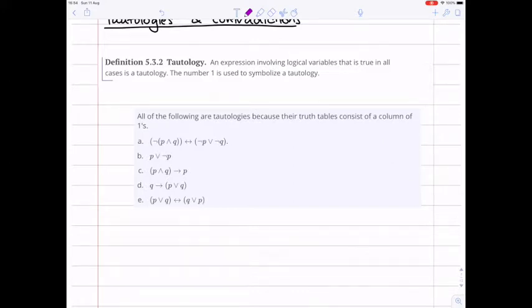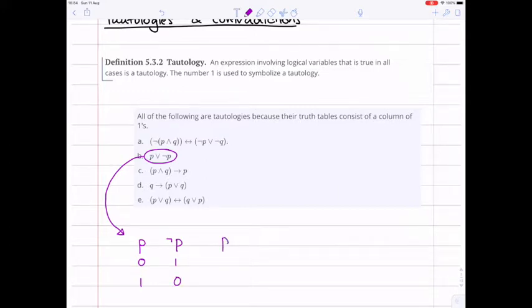So how about this very simple one? We want to check that this is a tautology. It's saying P or not P. So if we draw up our truth table, well, this only has P's, so we just need a 0 and a 1. And then we need not P, which is going to be 1, 0.